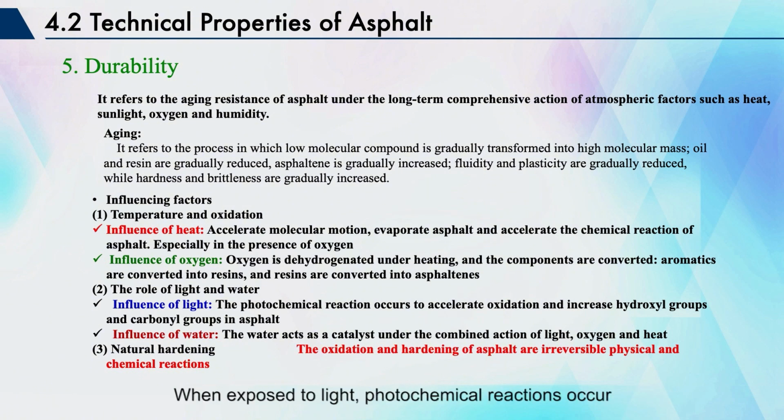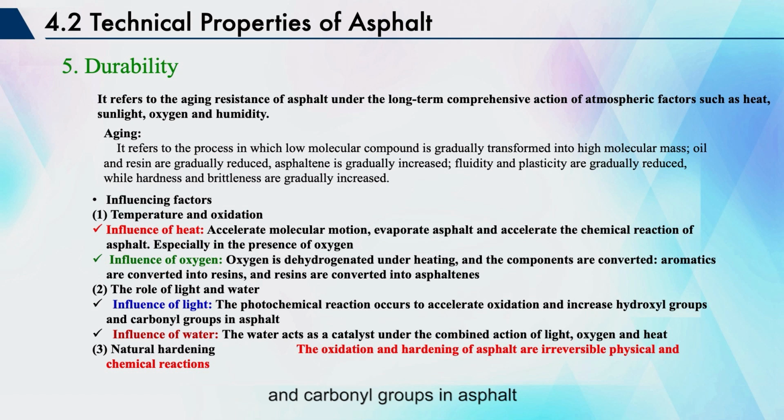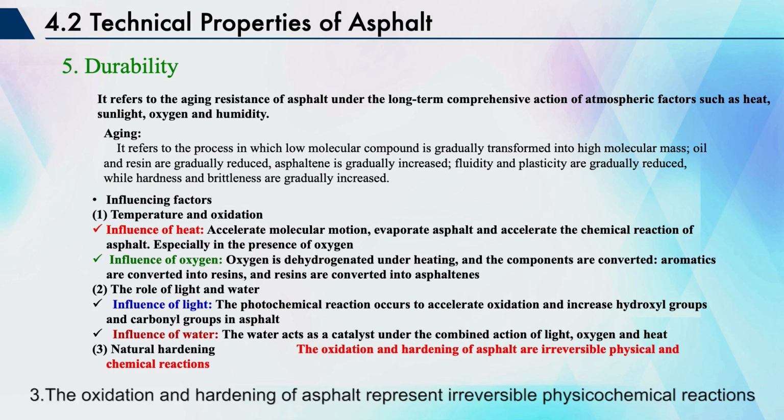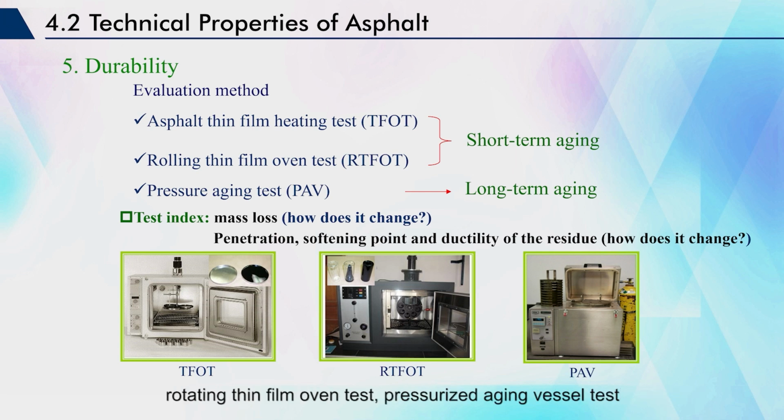When exposed to light, photochemical reactions occur, accelerating asphalt oxidation and increasing the presence of hydroxyl groups and carbonyl groups in asphalt. The oxidation and hardening of asphalt represent irreversible physical-chemical reactions.